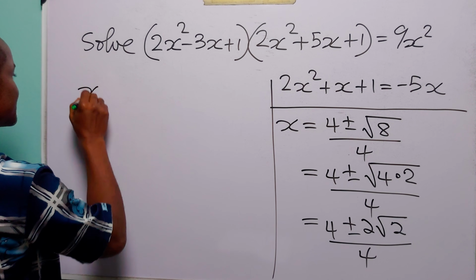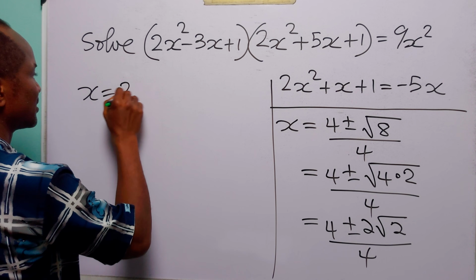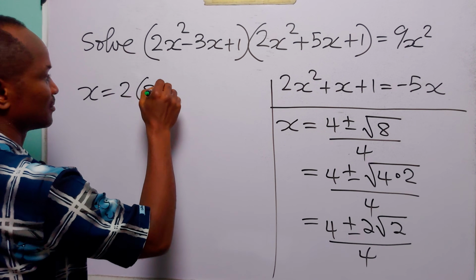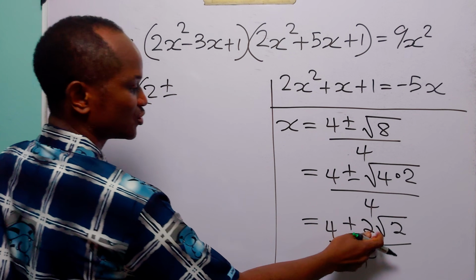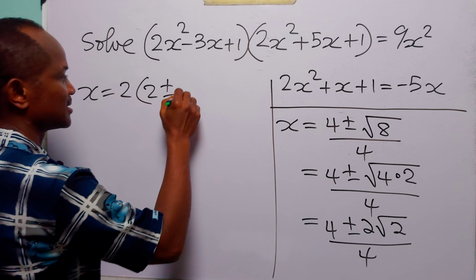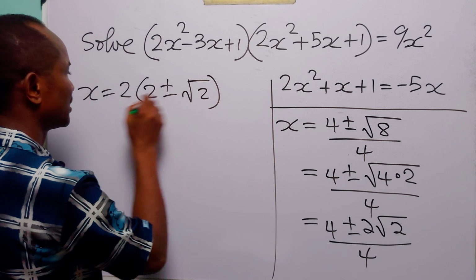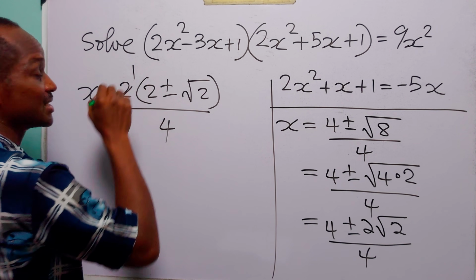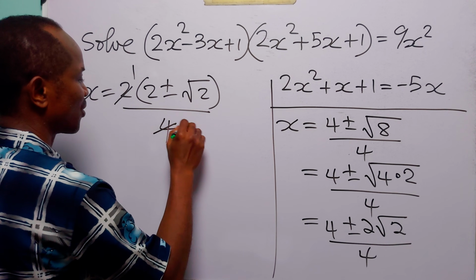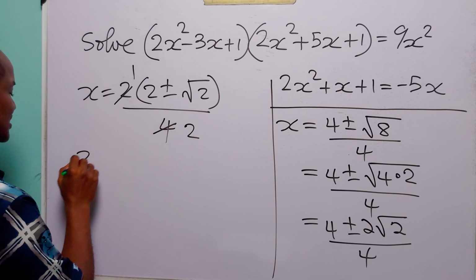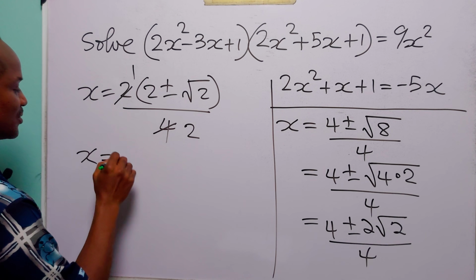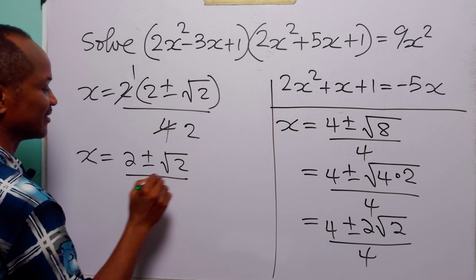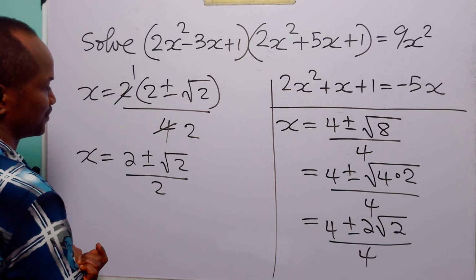We have that x is equal to 2 into 4 divided by 2 is 2, and 2 root 2 divided by 2 is root 2, and 2 into itself is 1 and into 4 is 2. So we have that x is equal to 2 plus or minus root 2 divided by 2.